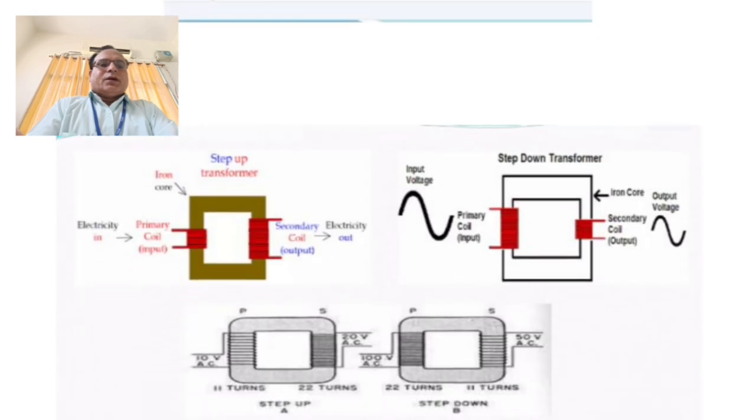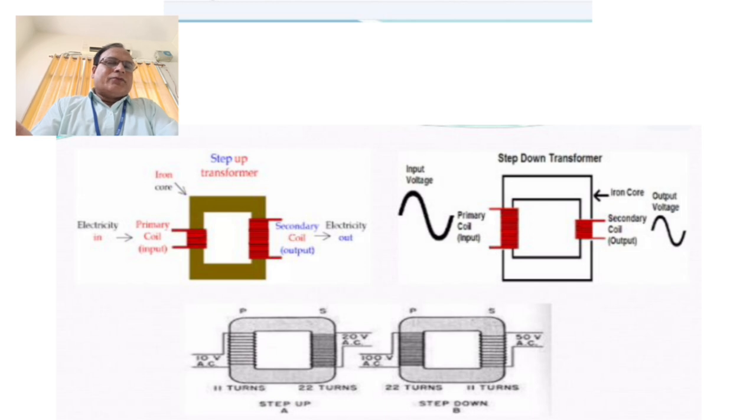This is the complete block diagram of the transformer. On the left side is the primary winding, this is the core, and the first diagram is a step up transformer. In a step up transformer, the number of turns in the secondary winding is greater than the primary winding. The second diagram on the right side is a step down transformer.